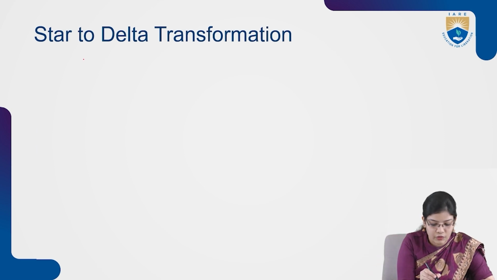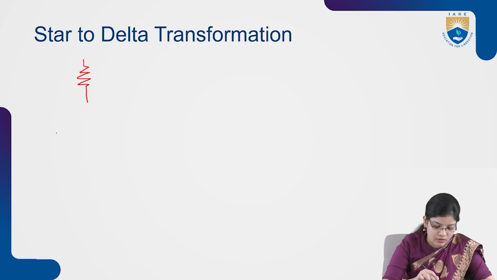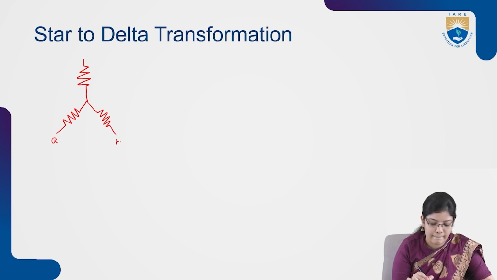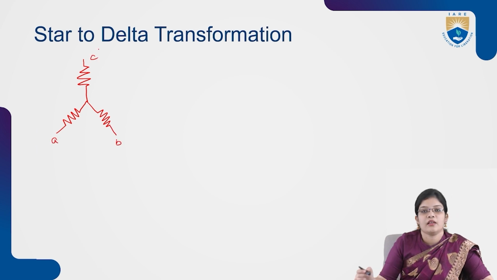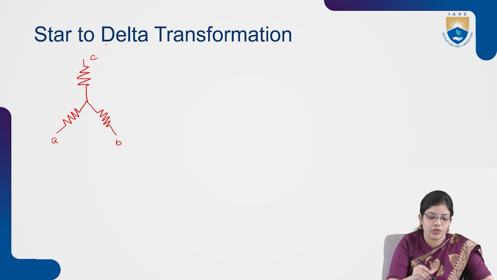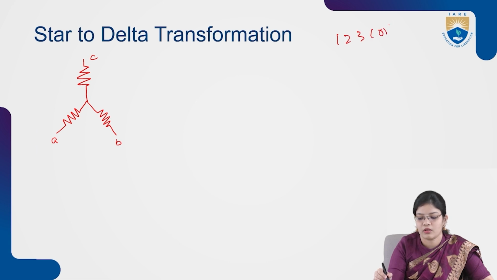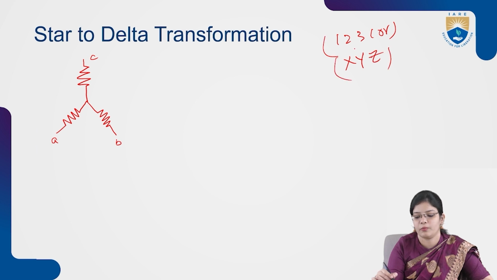So first we see that. Now here I am drawing the star connection. This will be denoted with A, B, C. Either you can also denote with 1, 2, 3 or X, Y, Z, depending upon your requirement.